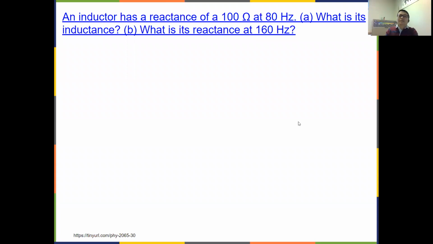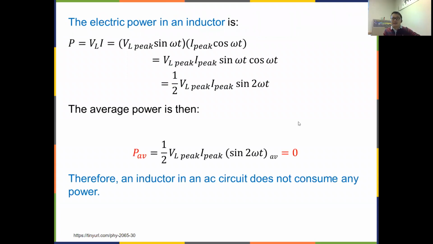Now let's take a look at the power consumed by the inductor. Let's use V times I. V is a sine function, and I, because it's shifted by 90 degrees, is effectively a cosine function. V peak and I peak will come out because those are constants, and sine and cosine we can put together.